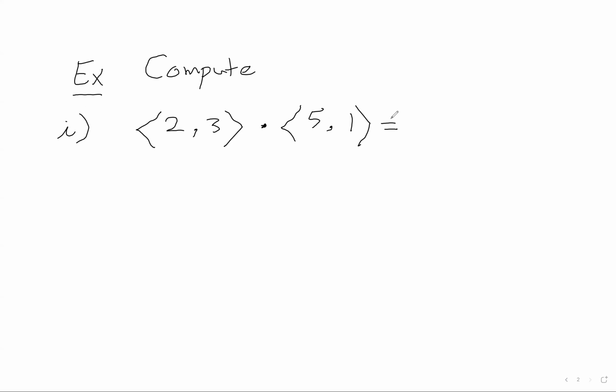Again, as usual, try to do this on your own before watching the solution. So the first coordinate times the first coordinate, 2 times 5, regular multiplication, plus 3 times 1. So they add up to 13. As you see, the dot product of two vectors is a number.